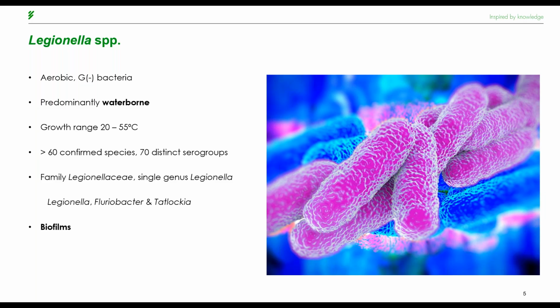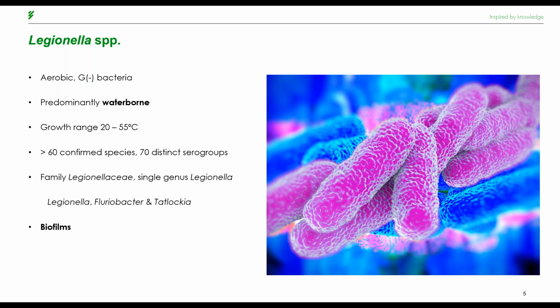So the first strains were isolated in 1943, but the genus was established in 1979 after a large outbreak of pneumonia among the members of the American Legion. The genus Legionella has over 60 confirmed species and more than 100 assumed from NGS data.